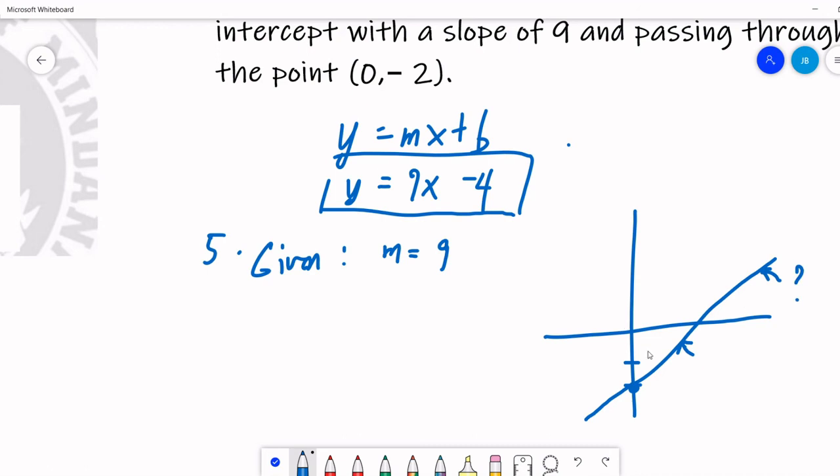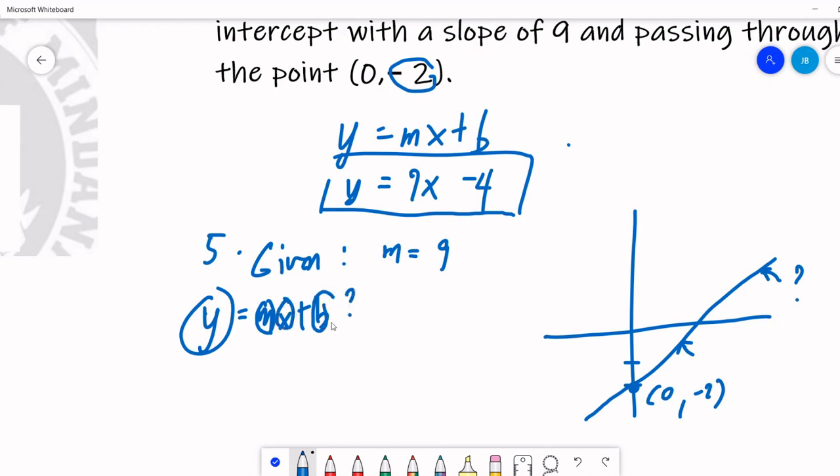So, the question is, how are we going to get this kind of equation? We just need to find b here, which is the y-intercept. Look, we have y given, that's negative 2. The slope is given, which is 9. And x is given, which is 0. Then b is what we are looking for.